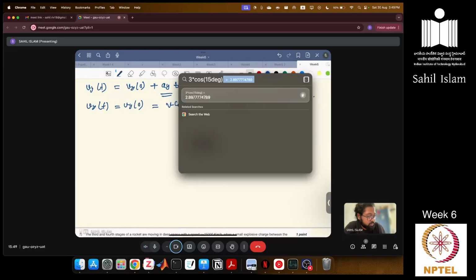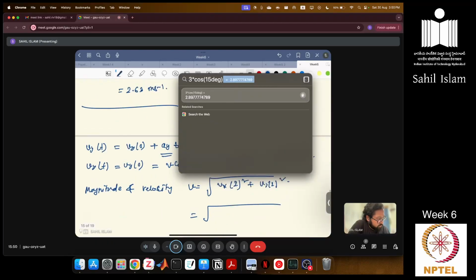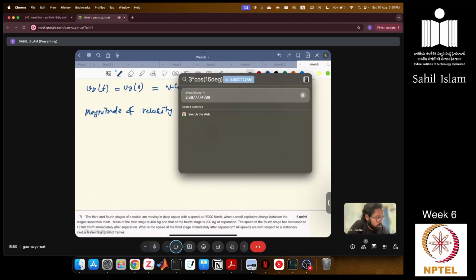So the magnitude of velocity is root over Vx at 2 square plus Vy at 2 square. So 2.63 square plus 2.89 square, meter per second.